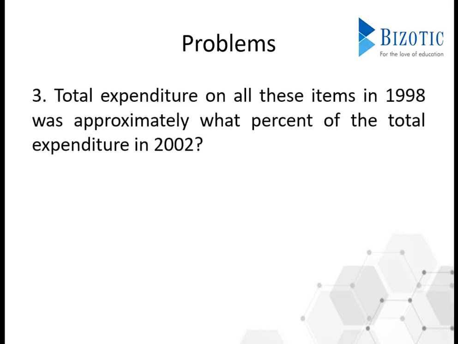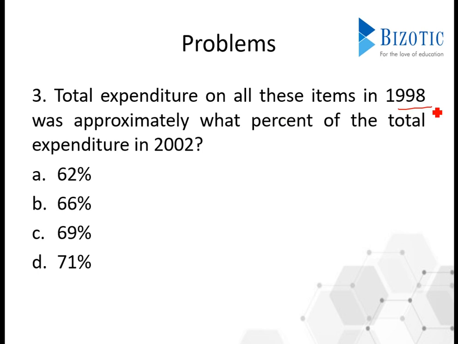In question number 3, they have asked: total expenditure on all these items in 1998 was approximately what percentage of the total expenditure in 2002. In order to solve this, you have four options, and what you need to do is add all the expenses in the 1998 row, which is salary, fuel and transportation, bonus, loans and taxes, and then do the same thing for 2002. Because they have asked for a percentage, you have to multiply by 100.